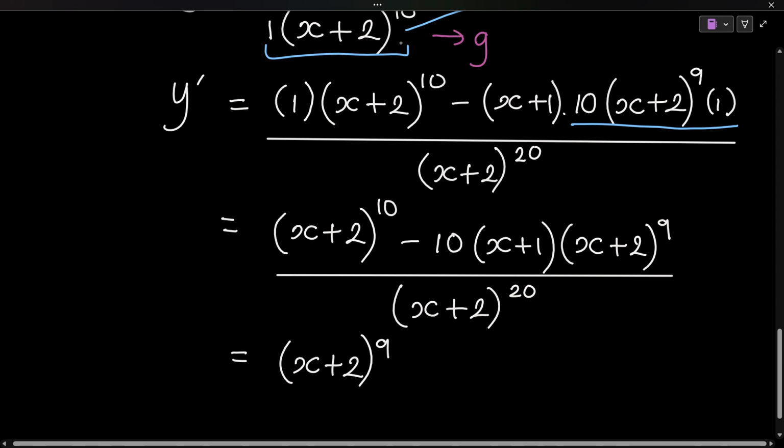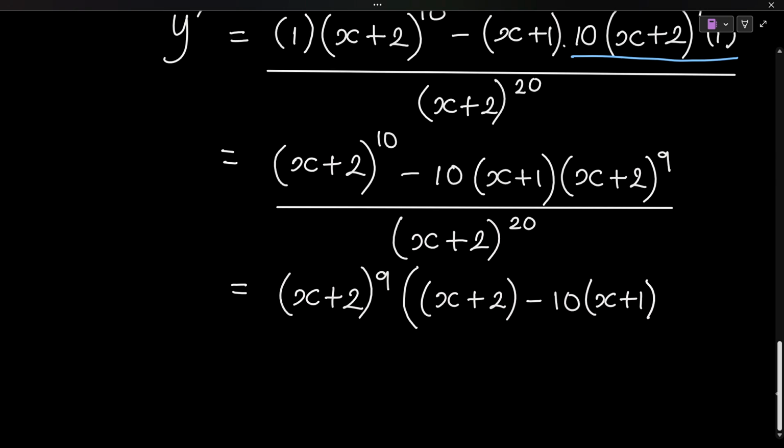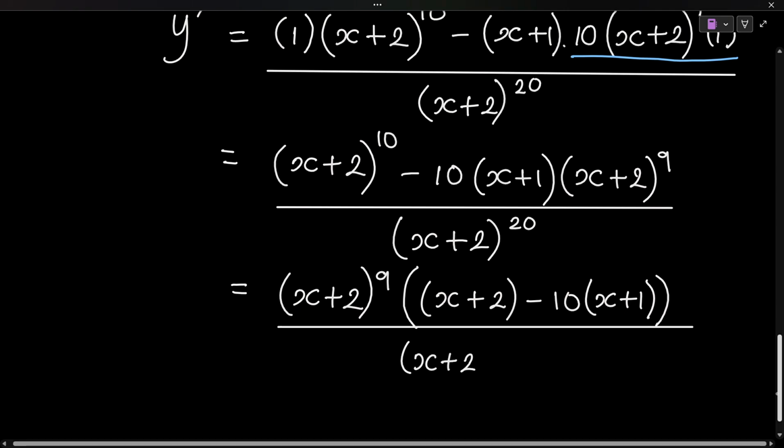So we can pull that out as a common factor. What we are left with in the first term would be a bracket of x plus 2. And in the second term, we are left with minus 10 into x plus 1. And in our denominator, we've got x plus 2 to the power 20.